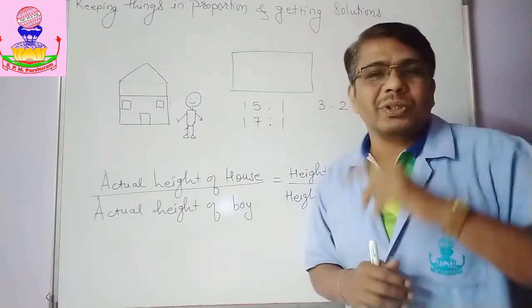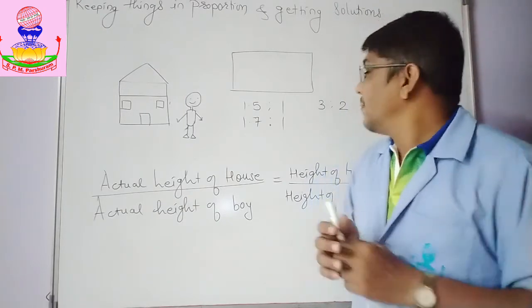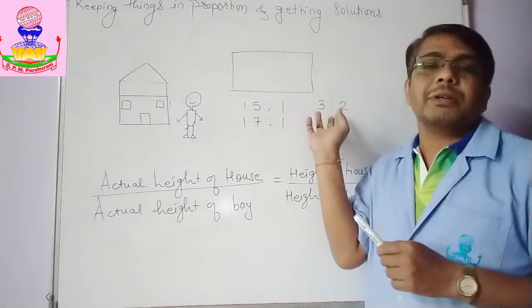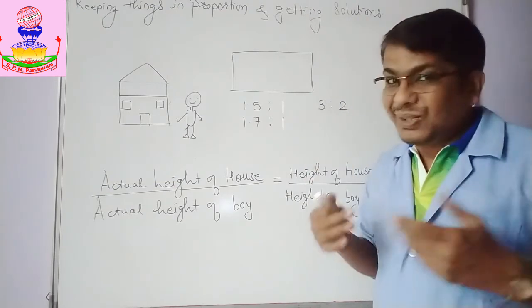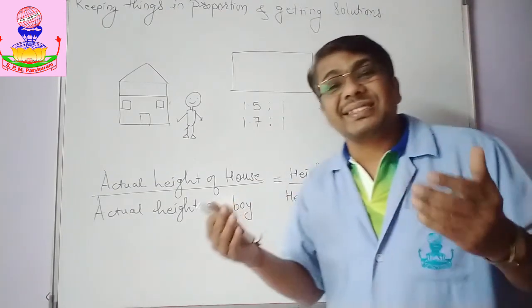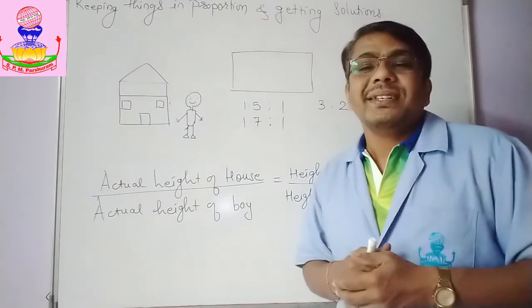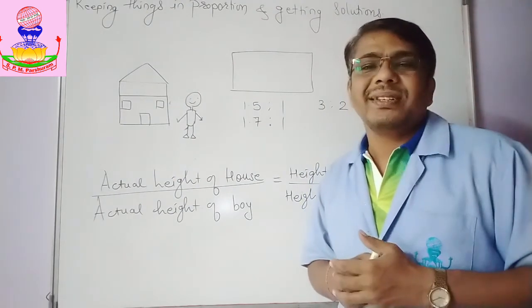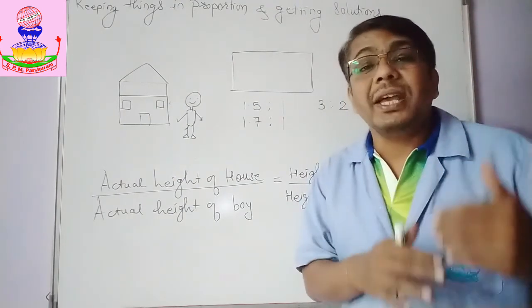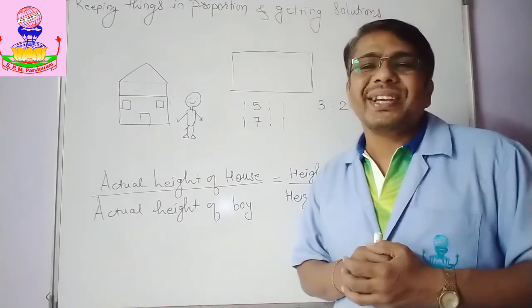Go and collect various kinds of postcards, find their length, find their breadth. You will always find them in this ratio, 3 is to 2. So that is a day-to-day life example. Try to find out such situations where such proportions are followed.